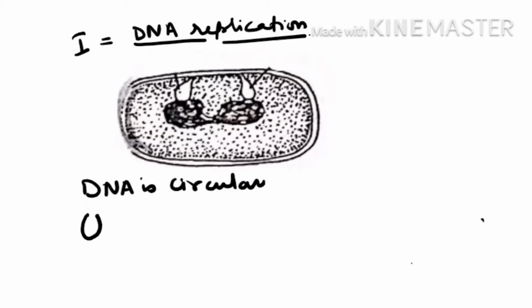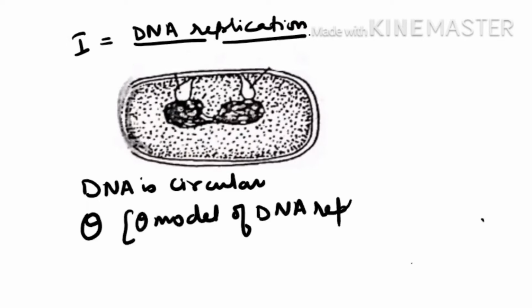So it gives an appearance of a theta-like structure, and we say it is the theta model of DNA replication. This theta model was suggested by Cairns, so it is also known as Cairns theta model.